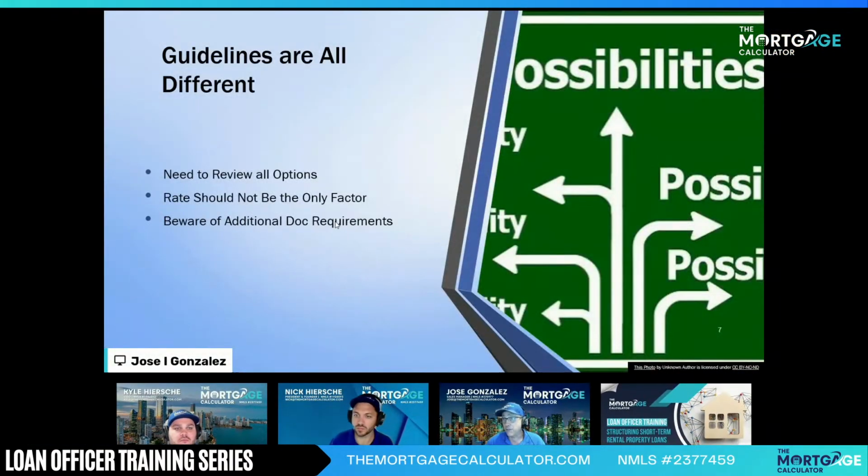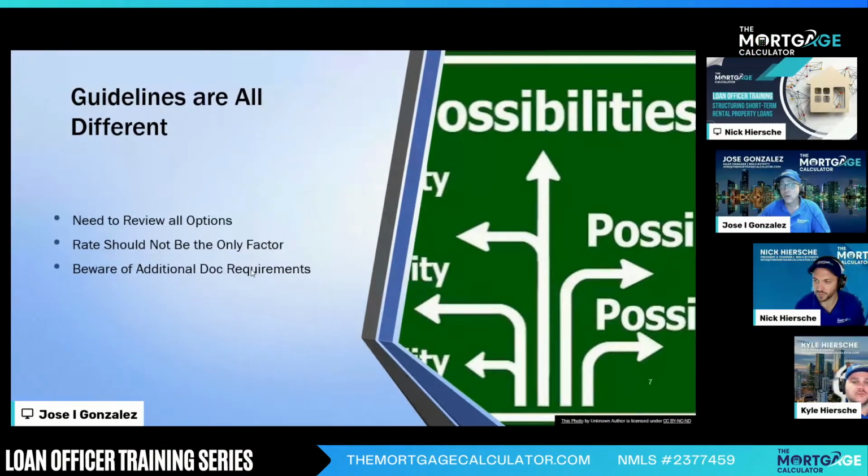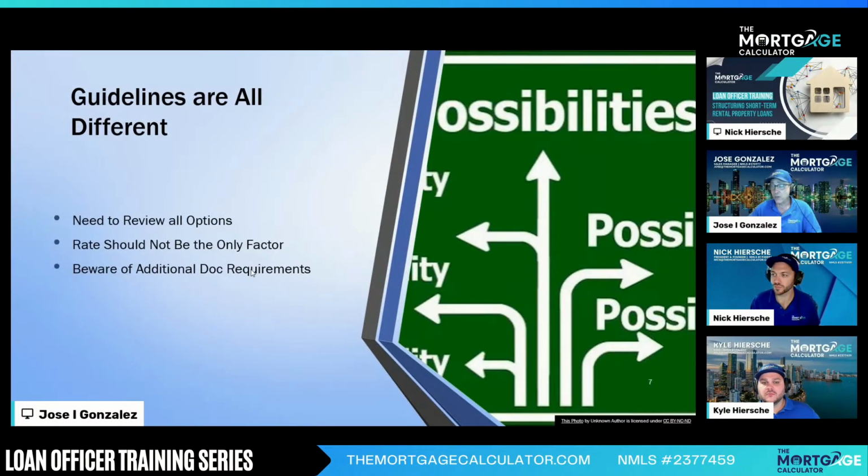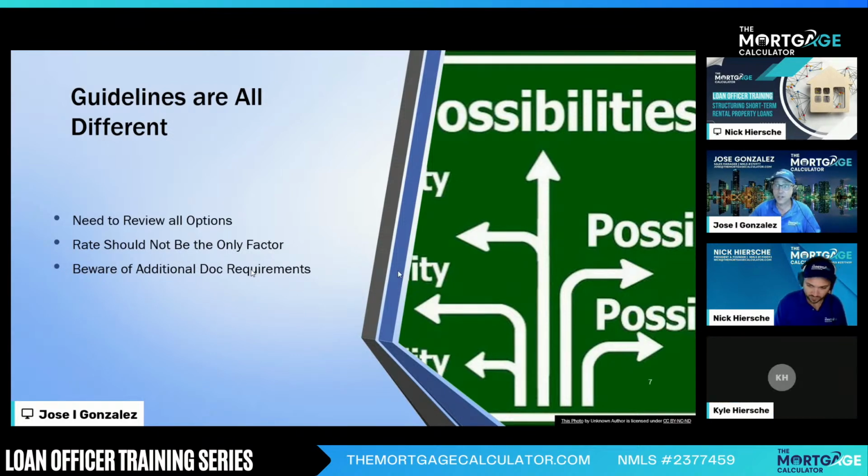Guidelines are all different, right? So that's why it's so important when we are reviewing these scenarios, and especially when you're seeking assistance, let us know which guidelines you are referring to with your structure questions, because we could have 10 DSCR programs available.